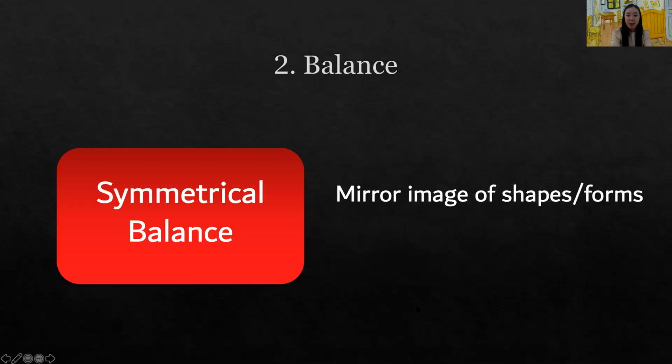Symmetrical balance is the mirror image of shapes or forms on either side of an imaginary axial dividing line. So the elements correspond to one another in size, shape, and placement. Let me show you an example.